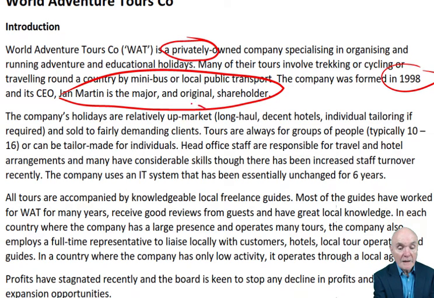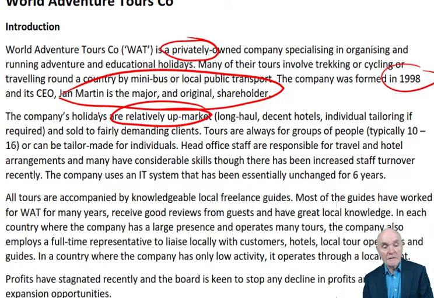We're told it's upmarket. So this is not the kind of cheap and cheerful 2 weeks lying on the beach sort of holiday. It's fairly upmarket. In terms of strategy, it's maybe something to do with differentiation and maybe focus, because this is trekking and cycling, which is a relatively focused small part of the overall holiday market, and sold to fairly demanding clients.